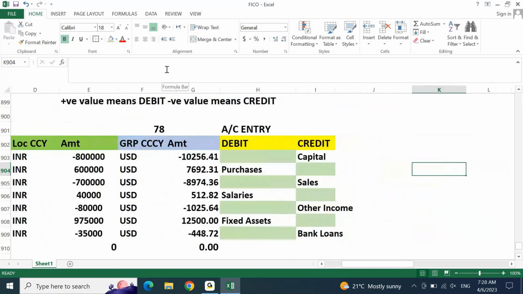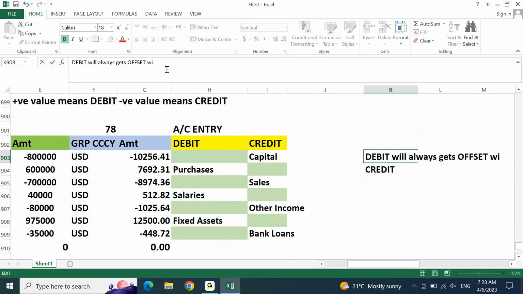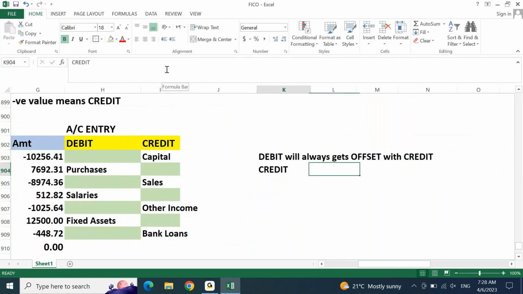Now, you will have debit, you will have credit. Now, debit will always get offset with what? Credit. Is my statement correct? Yes, sir.